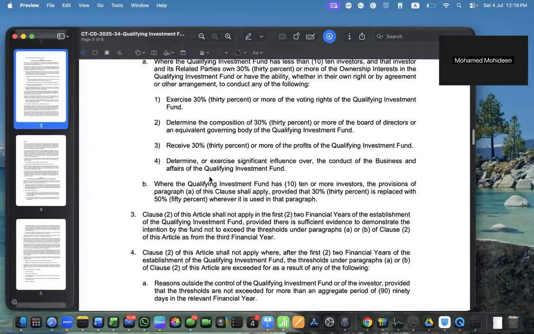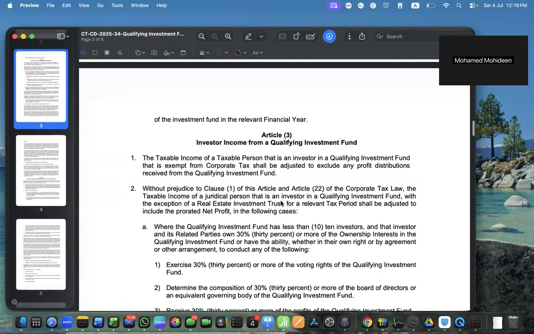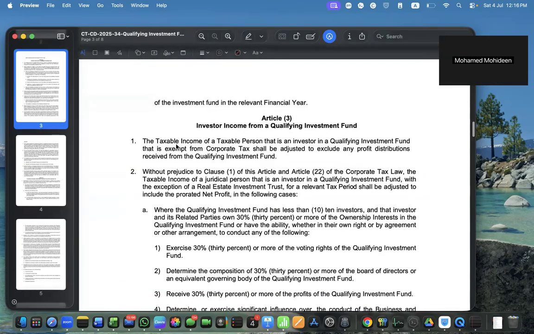Now let's look at Article 3. Investor income from a qualifying investment. The taxable income of a taxable person that is an investor in the qualifying investment fund that is exempt from corporate tax shall be adjusted to exclude any profit distributions received from the qualifying investment fund. This is the first point.